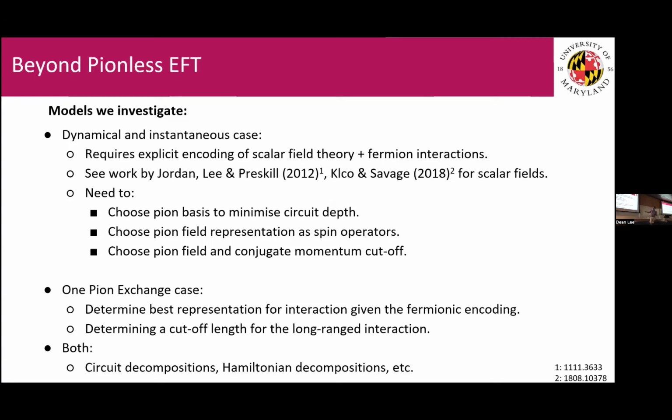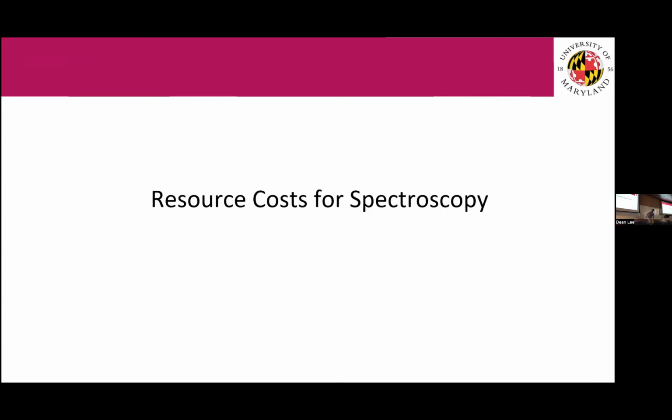And in the case of the one-pion-exchange, where you've got the Yukawa type interaction, you need to determine the most friendly interaction given the fermionic encoding, and look at the cutoff length for your interaction. And then for all these possible formulations, you need to talk about doing circuit decompositions and Hamiltonian decompositions to make things as optimal as possible. It's like 80 pages of work in an appendix somewhere. If you really want to go through it, be my guest.